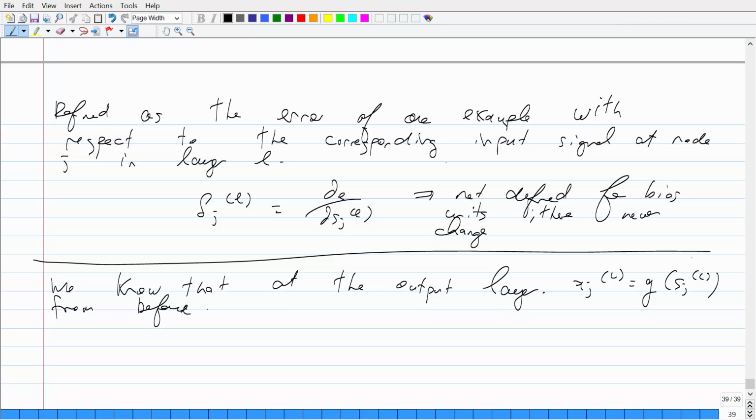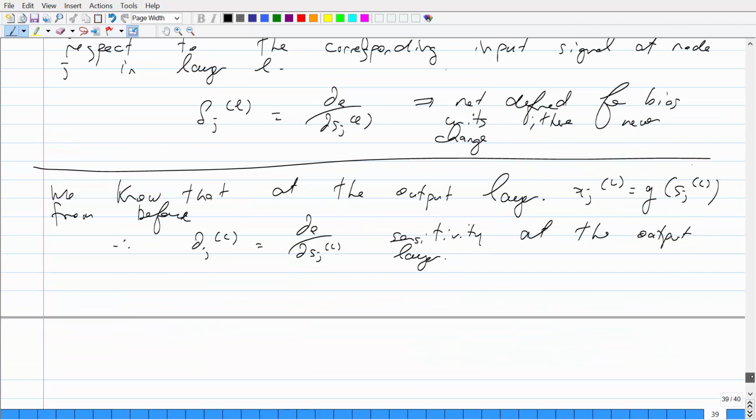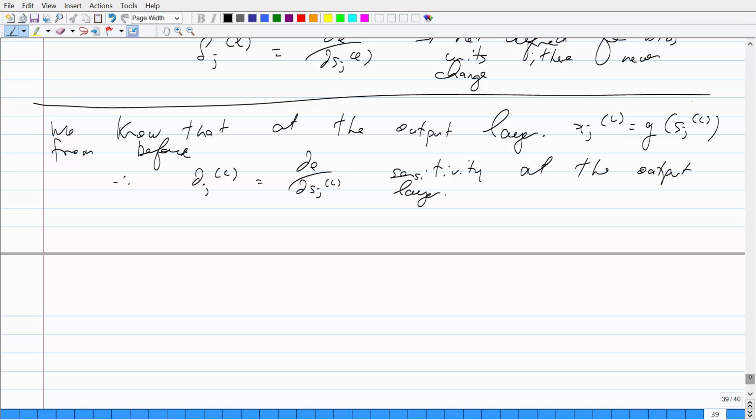Let's take a look at just the output layer for now, for every node in the output layer. This is the sensitivity at the output layer. The reason is that the output layer is actually really easy to compute, and then you have to recursively do the rest. Okay, that's good.